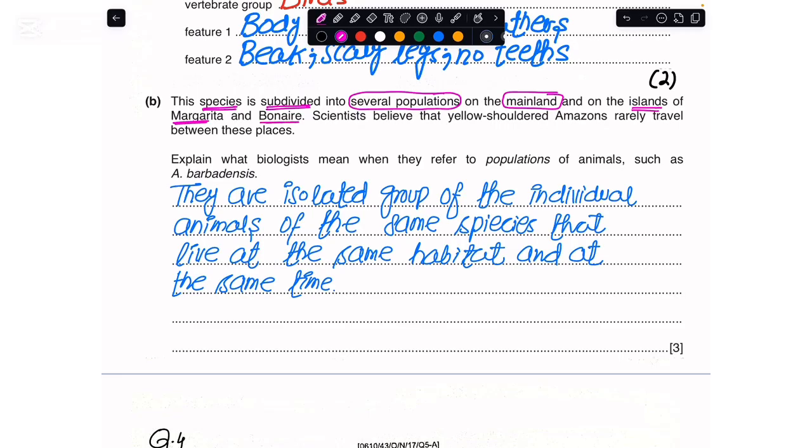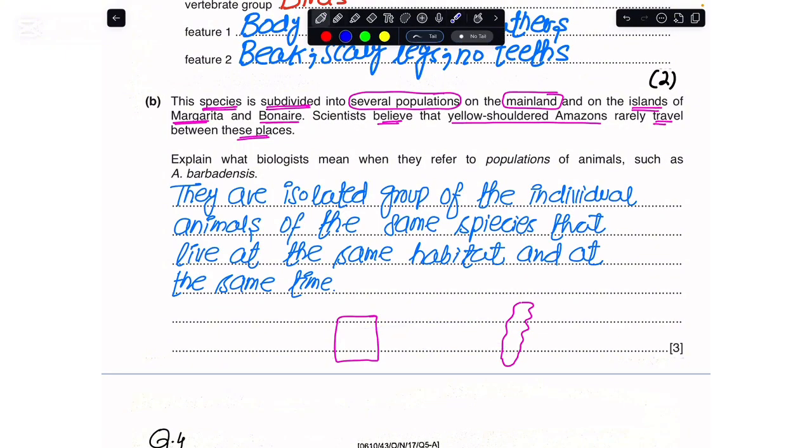Scientists believe that these yellow-shouldered Amazons, the parrots shown above, rarely travel between these two places. So if I say we have the mainland where isolated groups of parrots are living, and some island, and these parrots are not moving between the two areas.